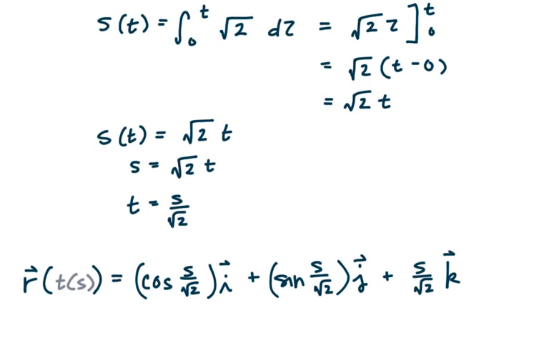We get the position of an object as a function of how far the object has traveled. Parametrizing a curve in this manner can be very useful since the curve is traced out at a unit speed.